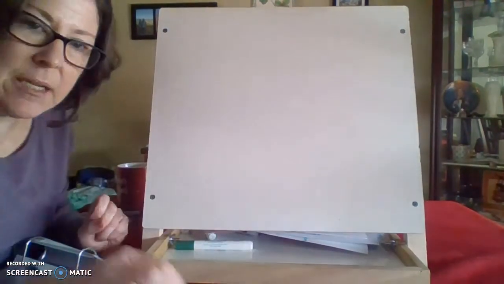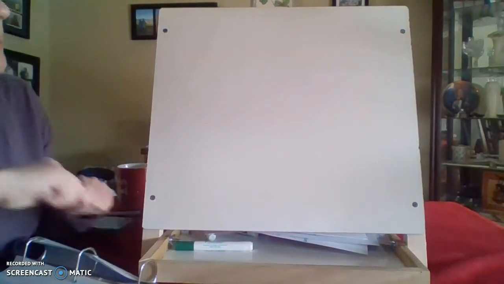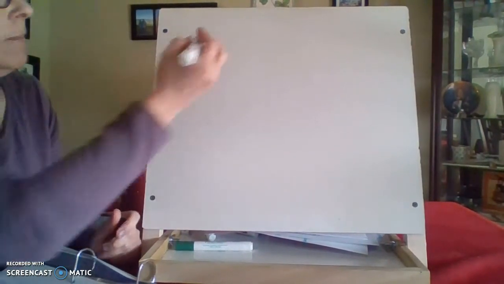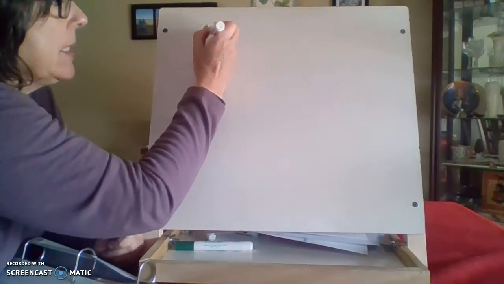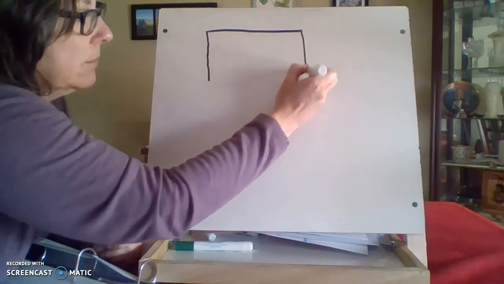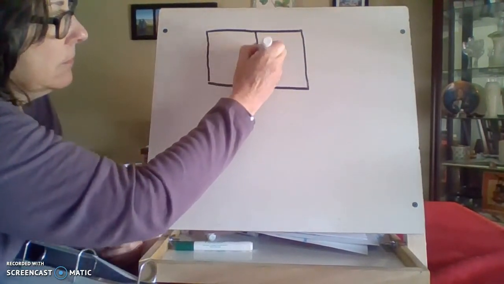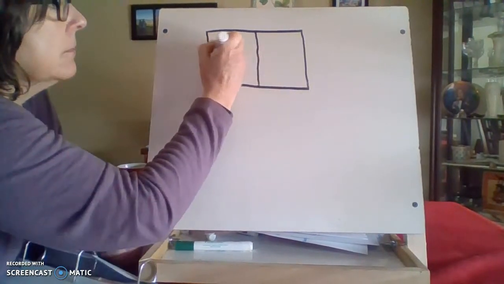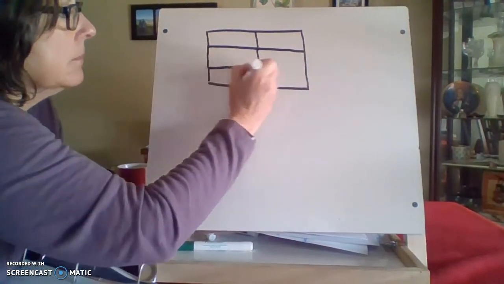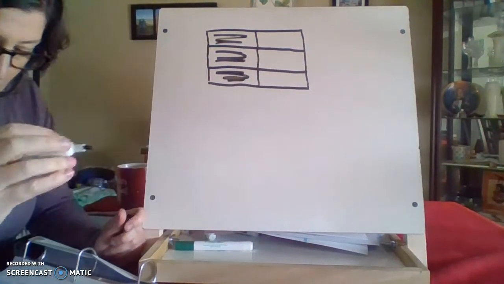Sometimes I'm decomposing them into smaller pieces, but I also can compose them, put smaller pieces together to make larger ones. So, for example, I'm going to use that 3/6. Okay, so here I have 3/6.